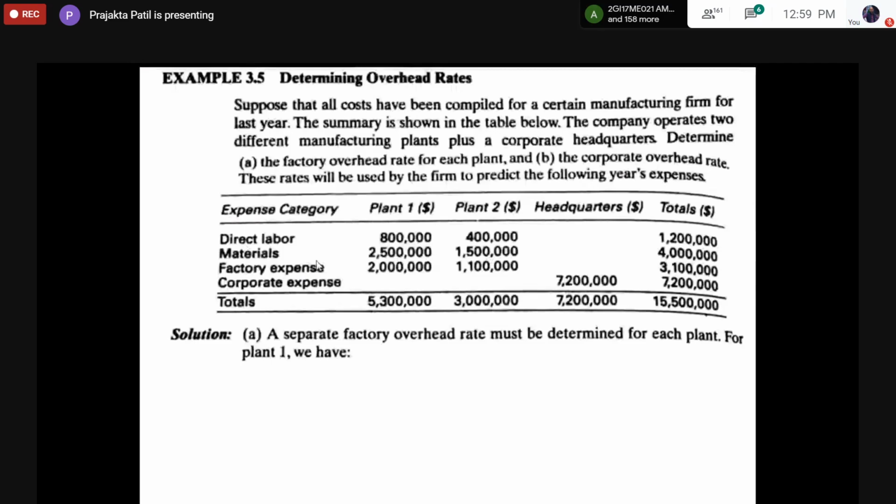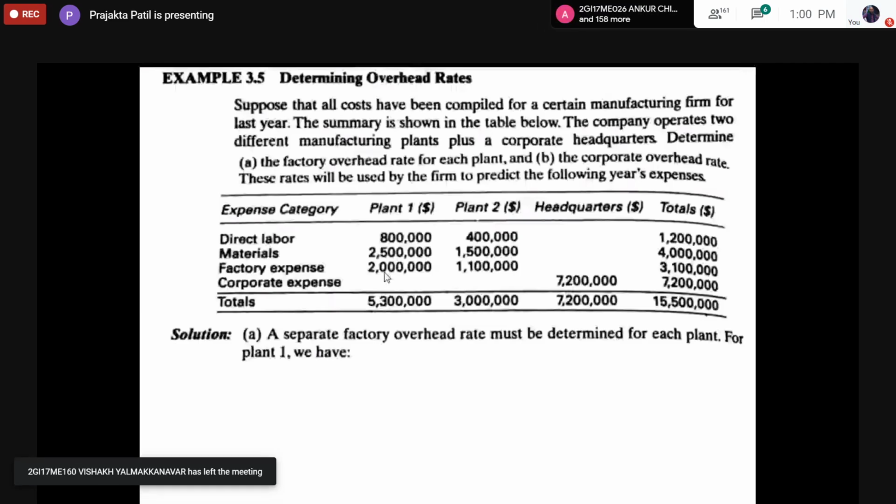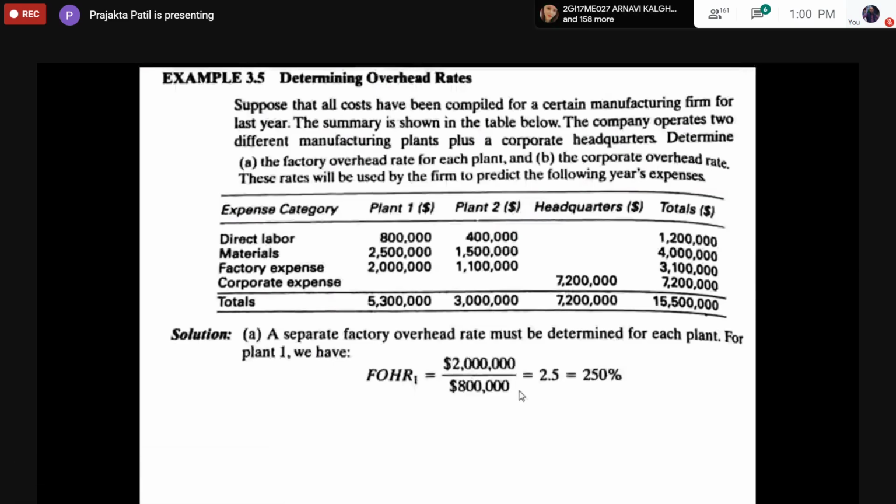Next we need to know the factory expenses. Here it is given as 20 lakhs. So only with respect to plant number 1, you have to know the direct labor cost and the factory expenses or the factory overhead cost.